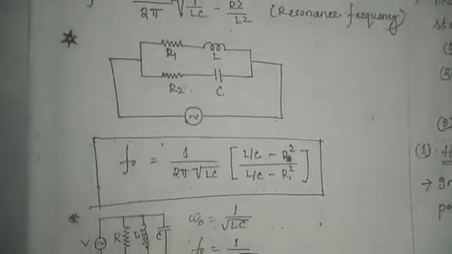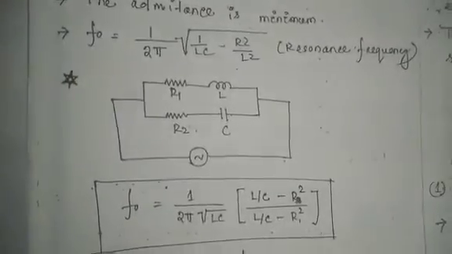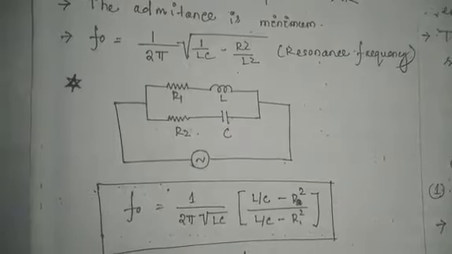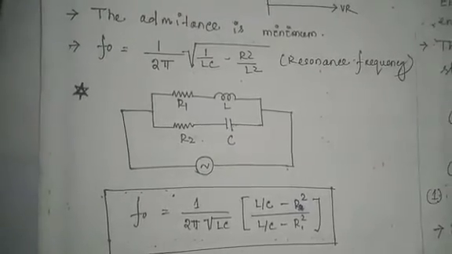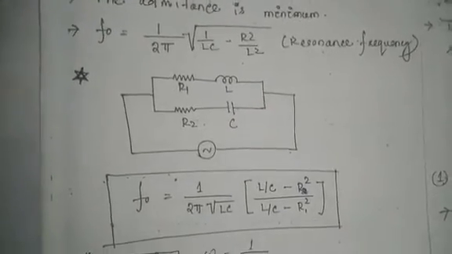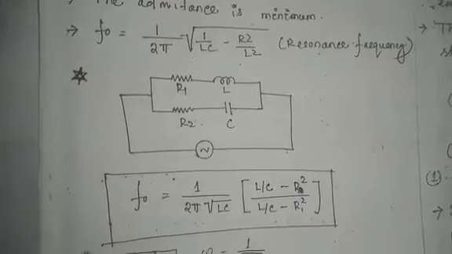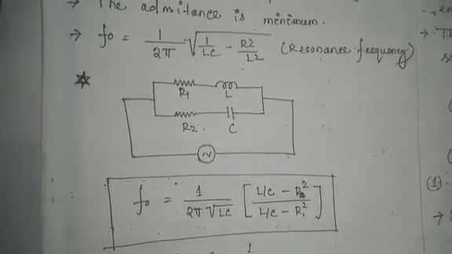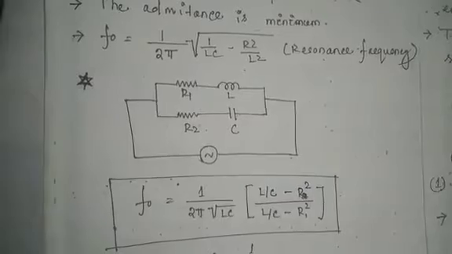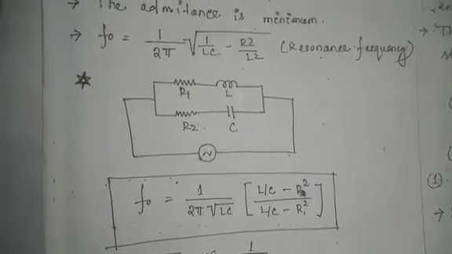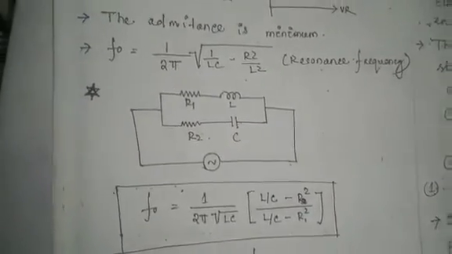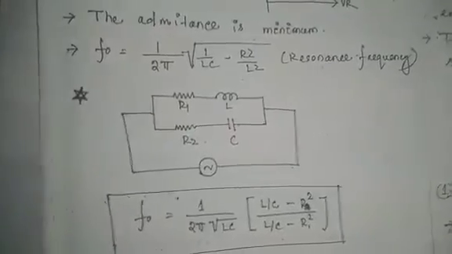Today you learned what resonance is, what the series resonance circuit and parallel resonance circuit are, the properties of the series and parallel resonance circuits, and what power factor, quality factor and selectivity are. Some numericals are asked from this chapter. For example, they may ask you to calculate the bandwidth.